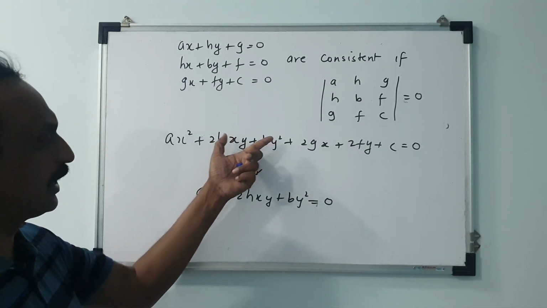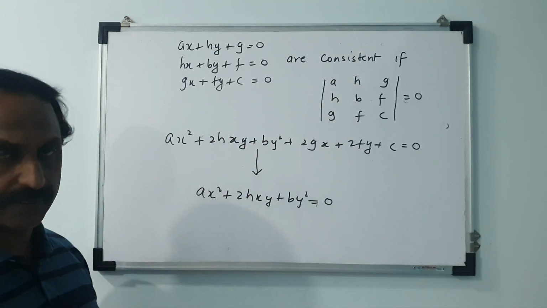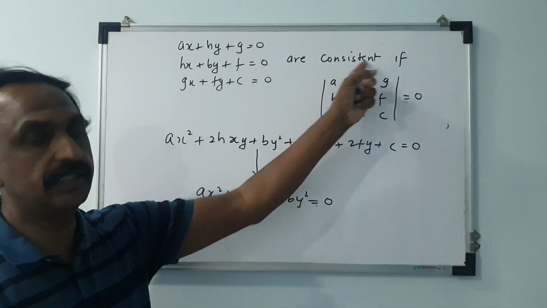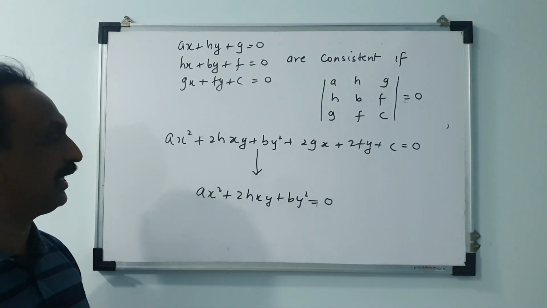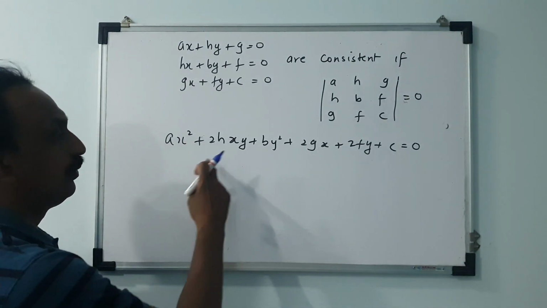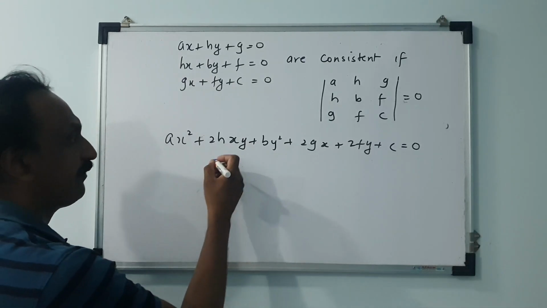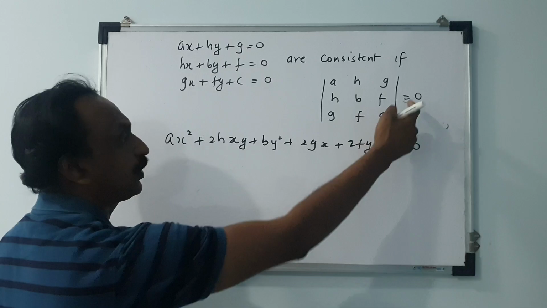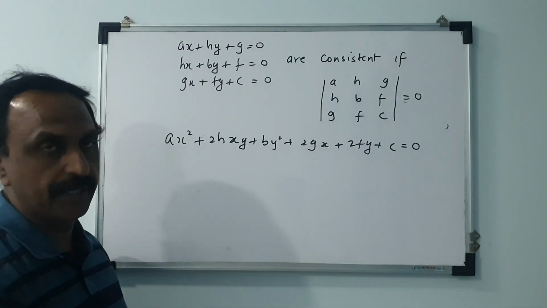If I can reduce this equation to this format, then it would represent a pair of lines. This can be reduced to this format provided this determinant is equal to 0. So finally, what I can say is that this particular equation will represent a pair of lines if the determinant AHG, HBF, GFC equals 0. It's an easy way to remember.